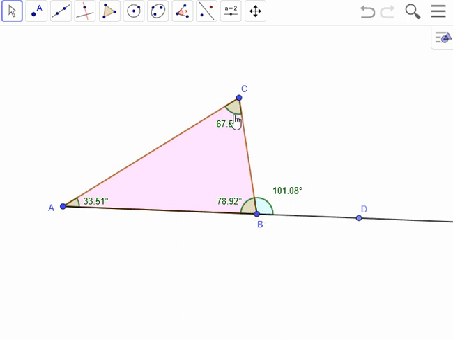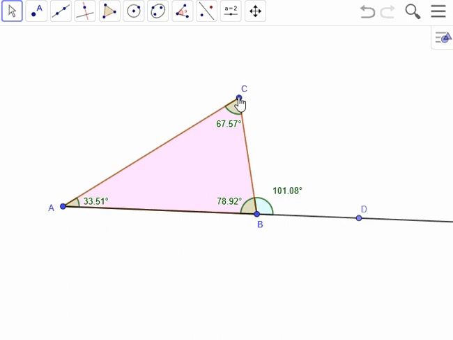So angle C and angle A here are the remote interior angles to this exterior angle CBD. And we learned that the measure of the exterior angle is equal to the sum of the remote interiors. So 67.57 plus 33.51 is equal to 101.08. The sum of these remote interiors is equal to the exterior.